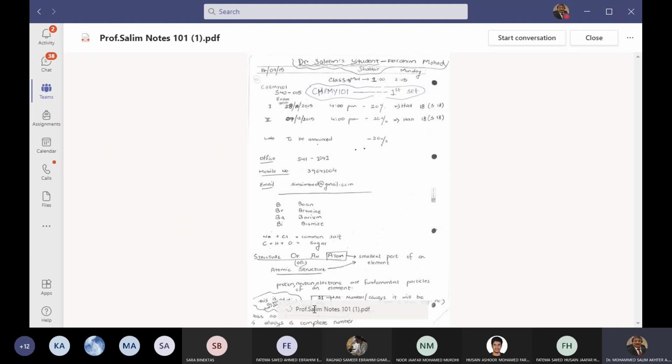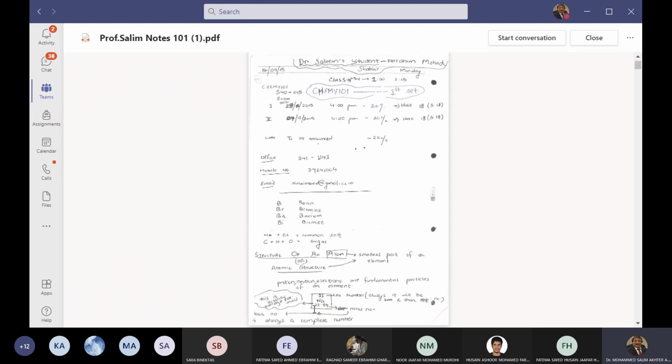Conversion between the units is also very important. Molarity is given, find molality. Mole fraction is given, find molarity. Mole fraction is given, find molality, small m.